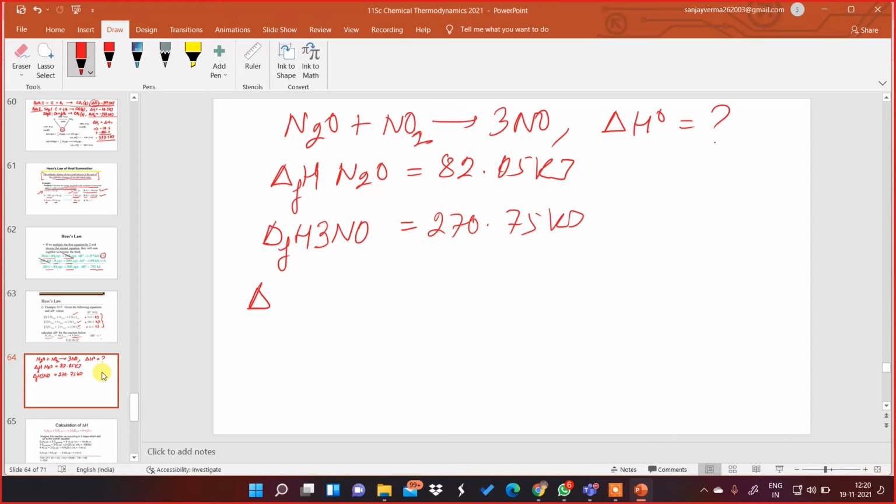Now, delta H for the formation of nitrogen dioxide. There is only one mole. So 2 moles of nitrogen dioxide is 66.4. So one has to be how much? Half of that, 33.2 kilojoules. Is it correct? Yes, sir.